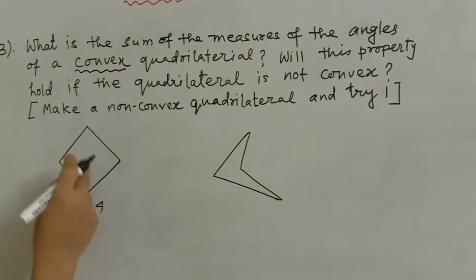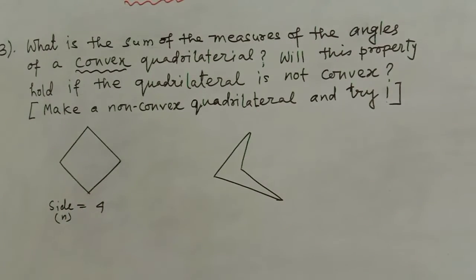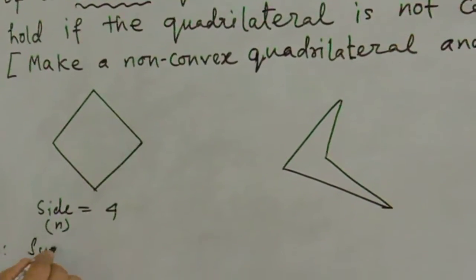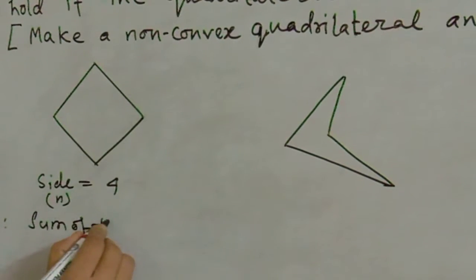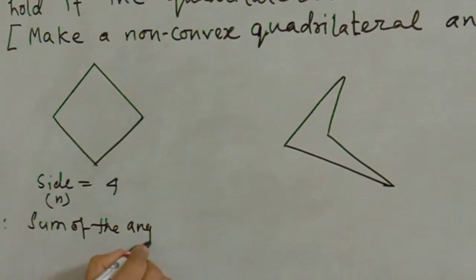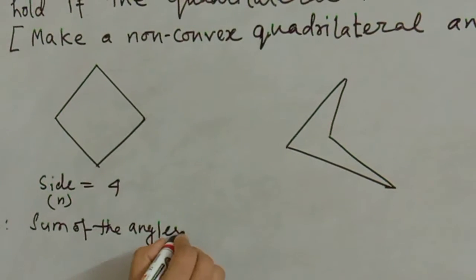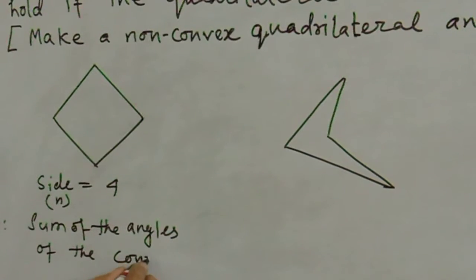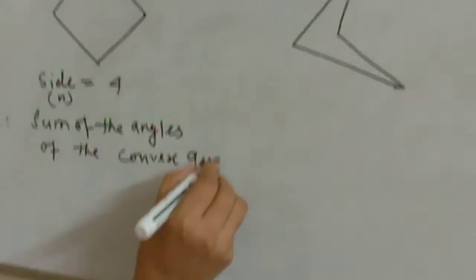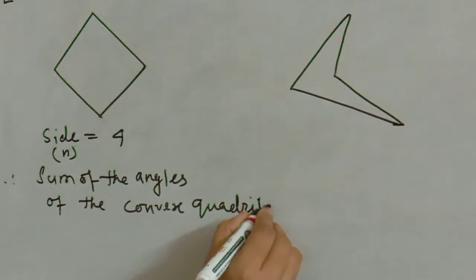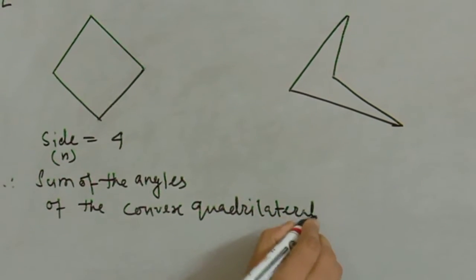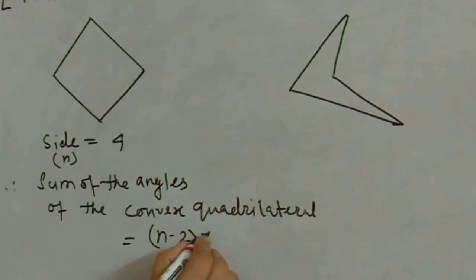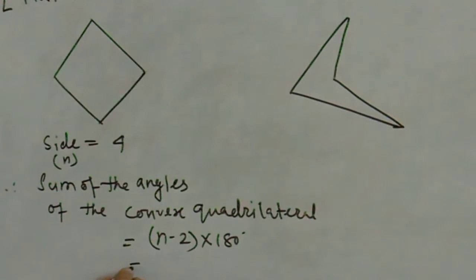You know the angle sum property of a polygon, therefore the sum of the angles of the convex quadrilateral is equal to (n minus 2) into 180 degrees, the same way as we have done in the previous sum.